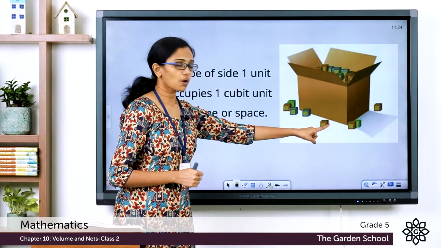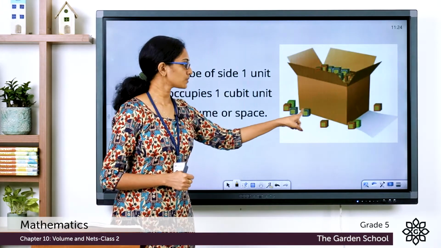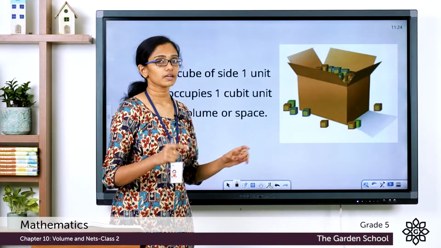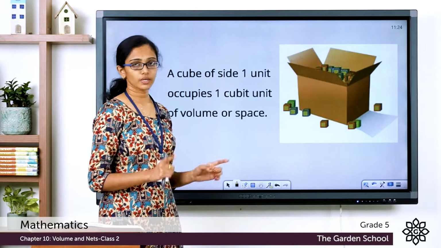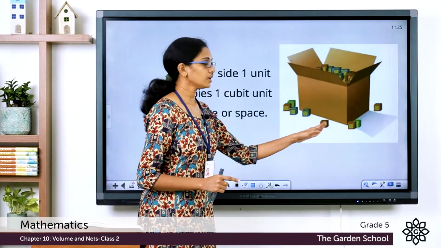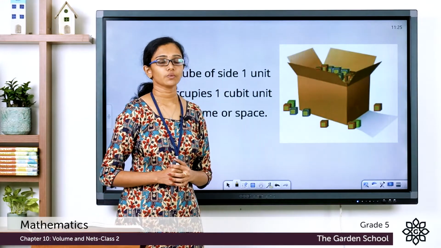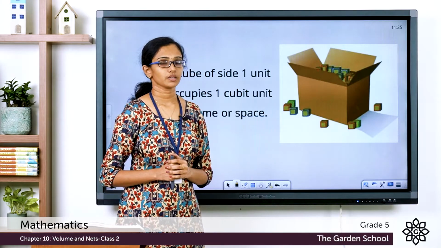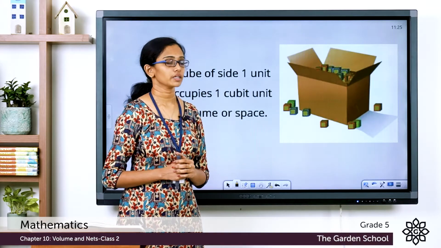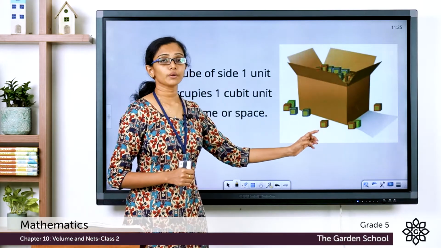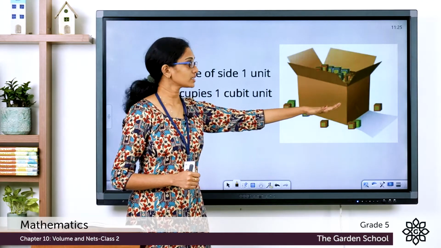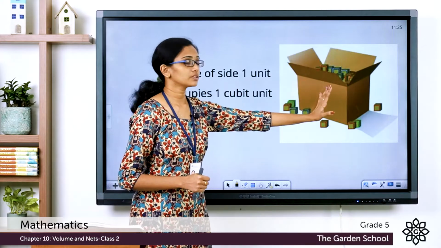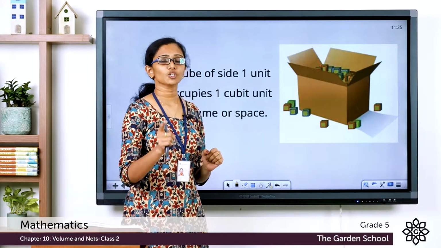Each cube here is a unit cube and the volume of a unit cube will be exactly 1 cubic unit. So you can count the number of unit cubes which can be placed in this box and you will get the total volume of this cuboid box in cubic units.